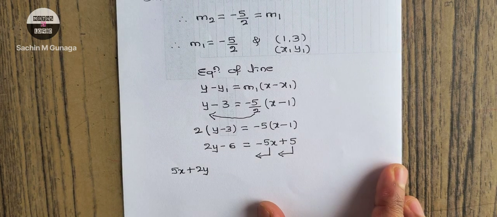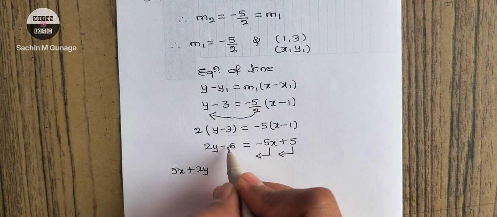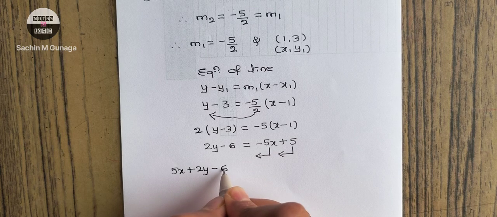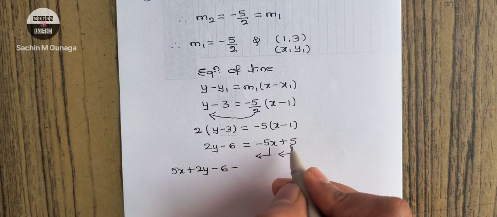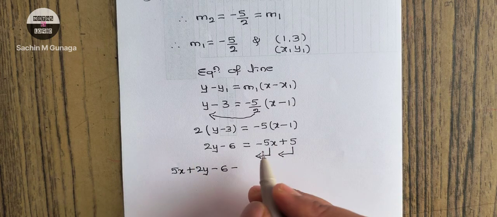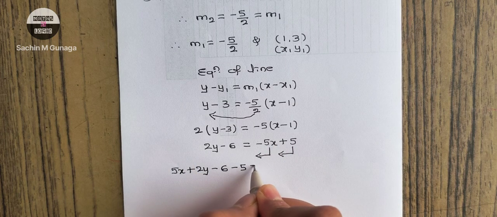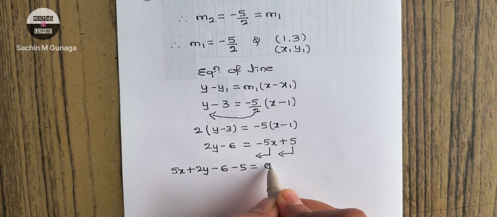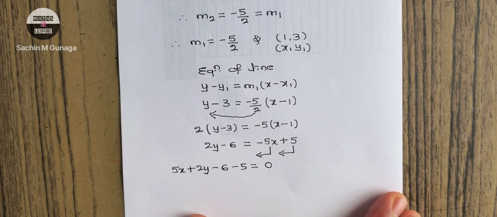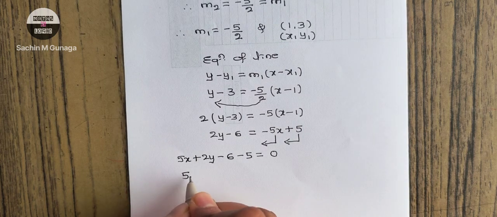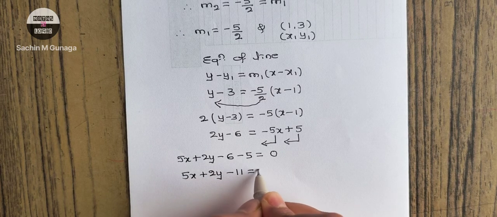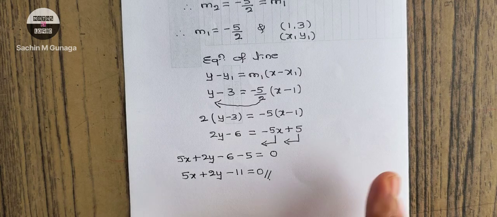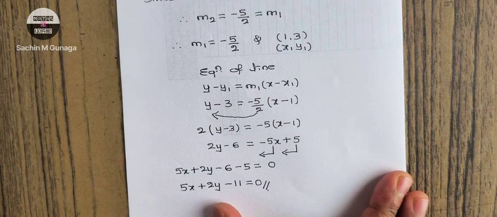Okay, so next, minus 6 I am going to keep as it is. Next, the plus 5, if I shift it to the left hand side, it becomes minus 5, is equal to, in the RHS what is the remaining value? 0. Therefore 5x plus 2y minus 6 minus 5 is minus 11 is equal to 0. So this is the required equation of the straight line.